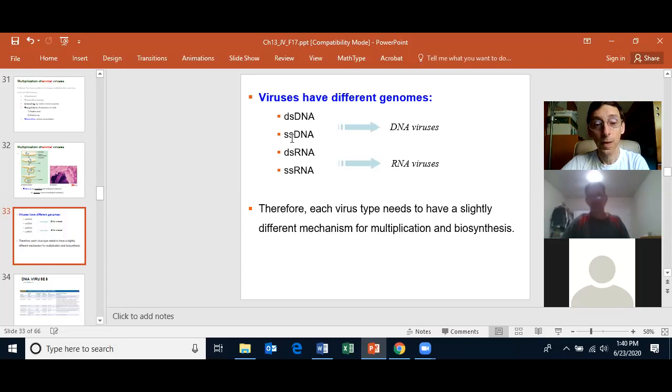Okay? For double-stranded RNA viruses, it's pretty simple. You just separate the double-stranded RNA and make it single-strand RNA. And then you use one strand of the RNA as a template for making the other strand of RNA.